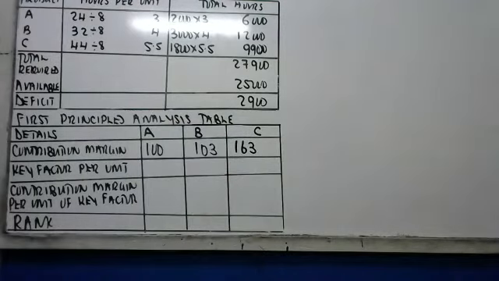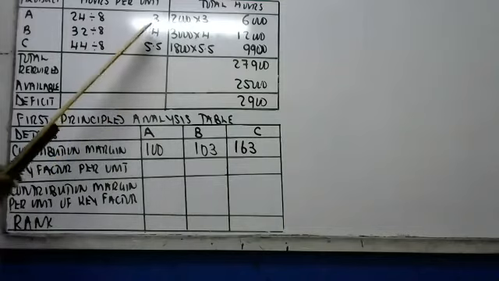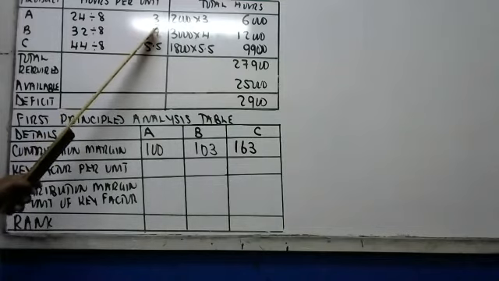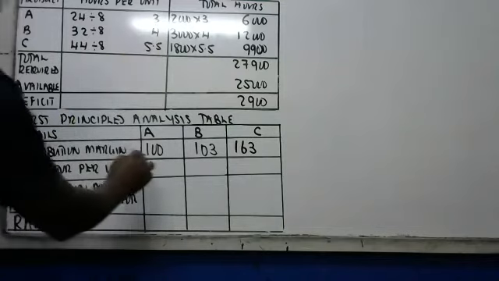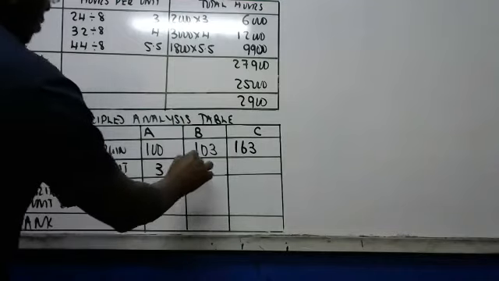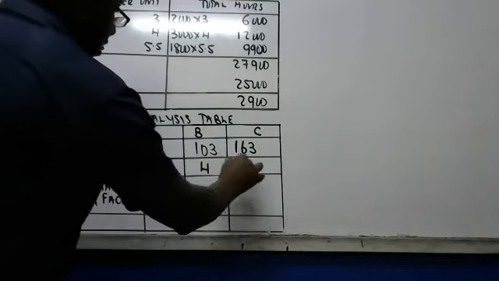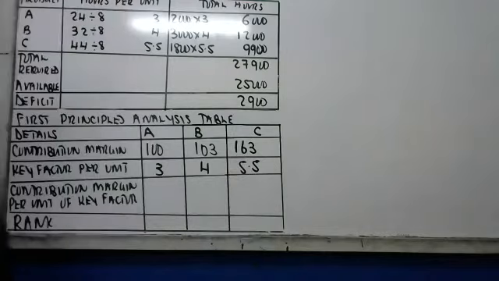So what you do from there now is to bring the key factor per unit. The key factor per unit, they are these hours that we had computed here. So A, we had 3, B, we had 4, and this one we had 5.5. Now, what you need to do here is to divide.